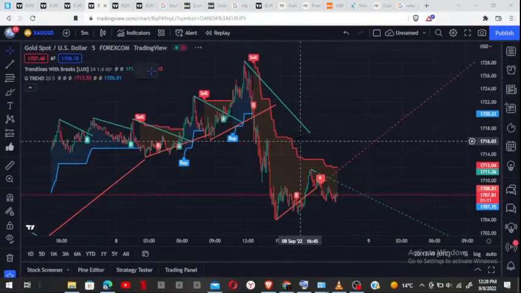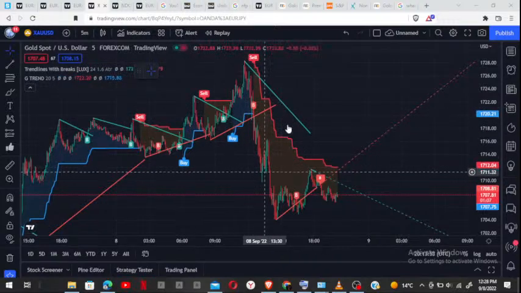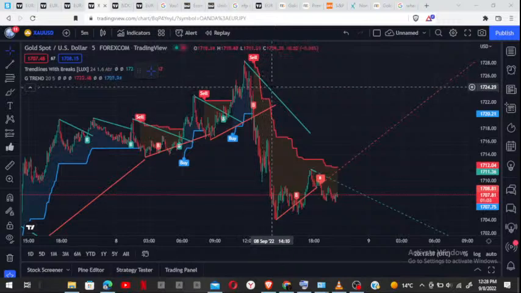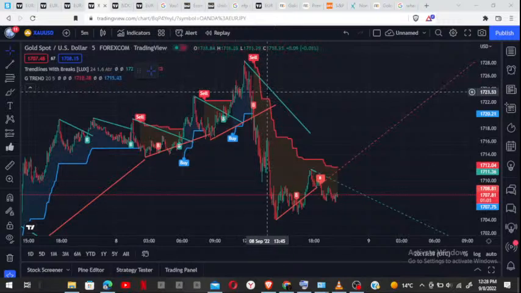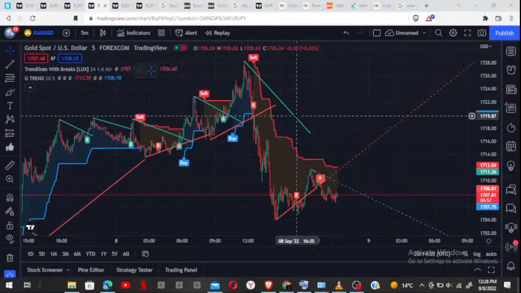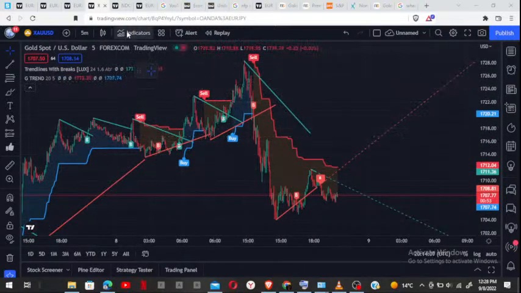So for starters, I just need to show you how we get to put this. So this is Algo. So how to come across this one is you go to your indicators, just click on indicators.